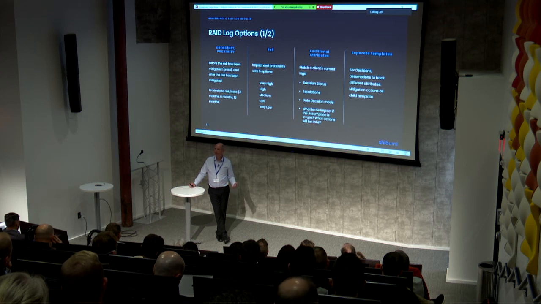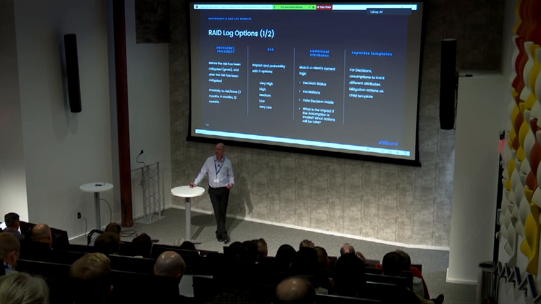We may also look at separate templates for some of these things. So things like assumptions and decisions may be better off in a separate template rather than having those lumped in with risks and issues.